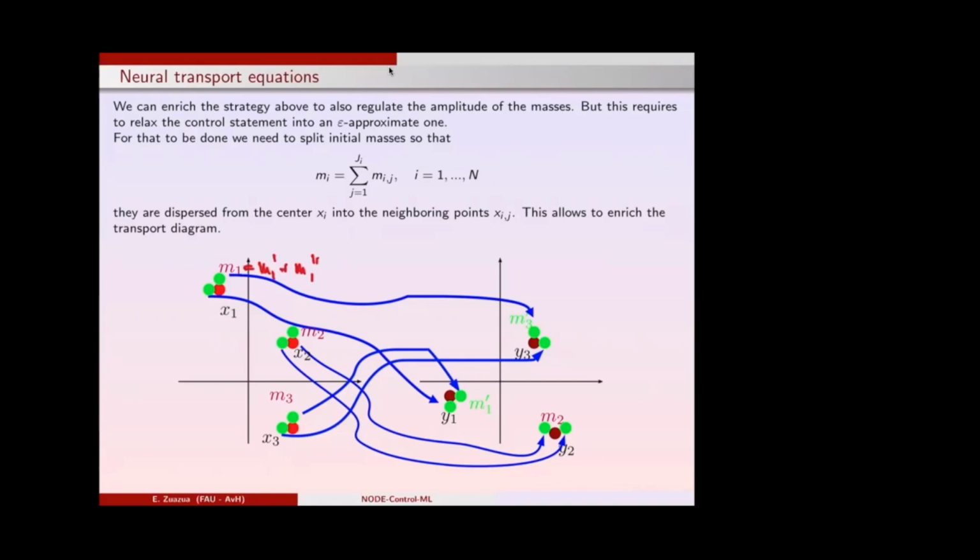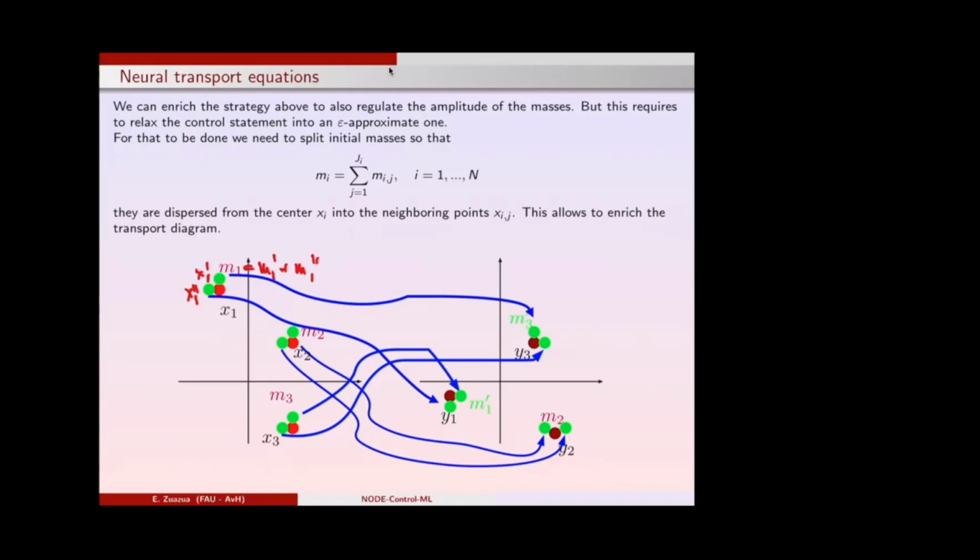And then because this point X1 has been rewritten as two slightly different points, X1 prime and X1 double prime, the two green points out of the red point, you can allocate the mass M1 prime to X1 prime, the mass M1 double prime to the point X1 double prime, and now because they are different, you can bring them to a different destination as well, right?